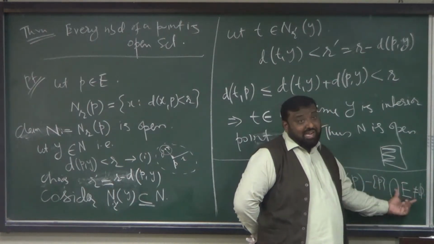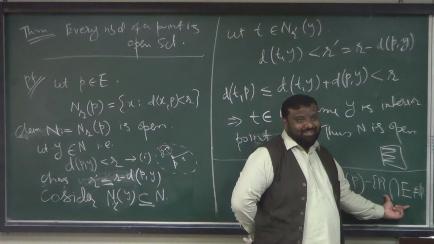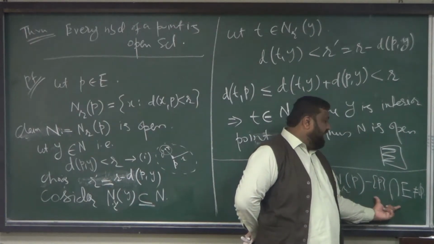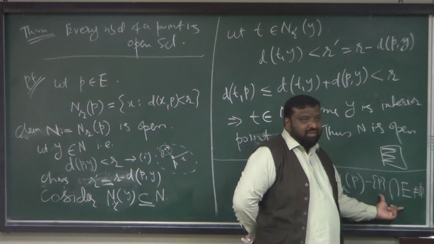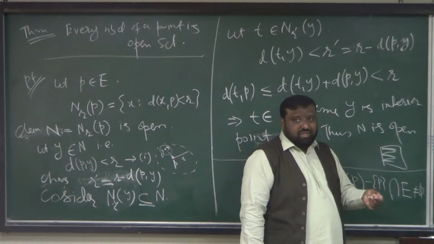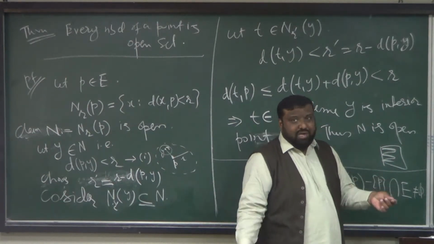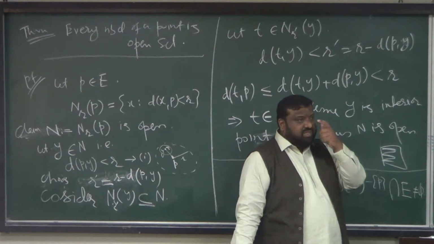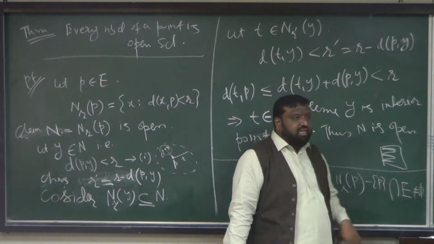You need at least 1 point to show that. If you show that this intersection contains 1 point, you are done. But is it going to contain only 1 point, or 2 points, or a finite number of points, or an infinite number of points? So let's try to think about that.